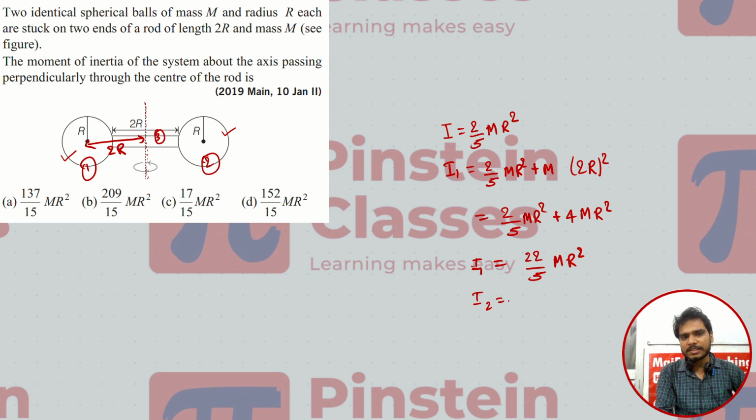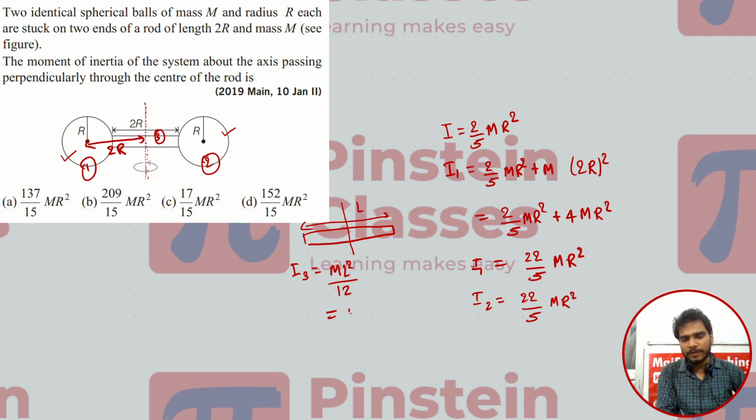And the moment of inertia of this rod, we know the formula for a rod, that is ml square upon 12 if the rod length is L. So here L is 2R.